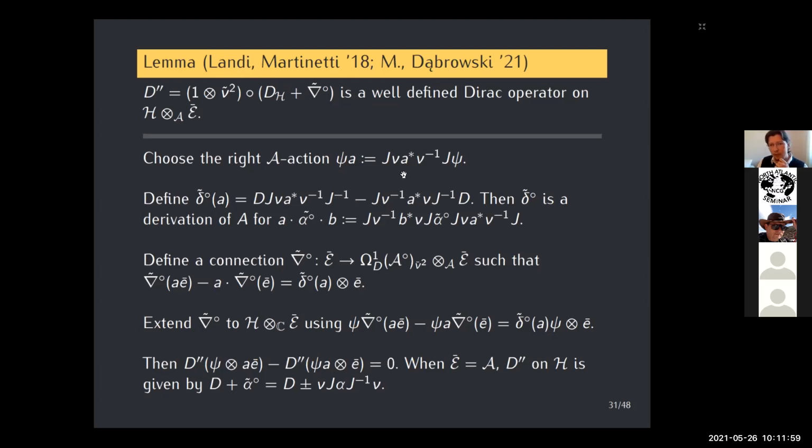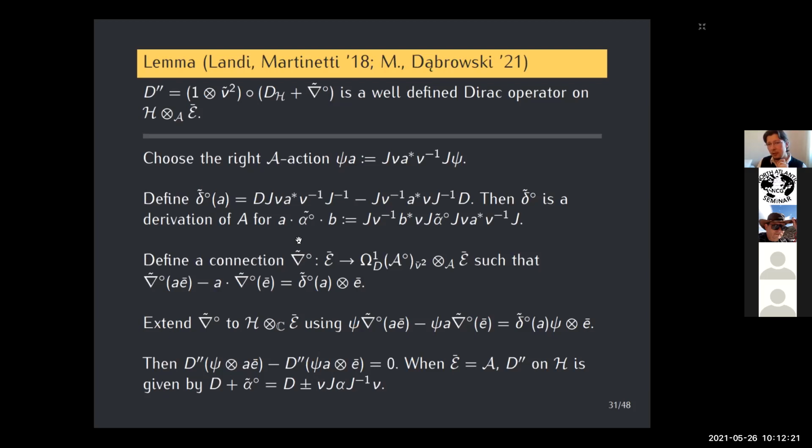So first, we have to choose a particular right action which incorporates the twist. Then we define a derivation, which I will call a twisted opposite derivation, just for the sake of not having to rename 100 different things. But this is really a derivation, not a twisted derivation.